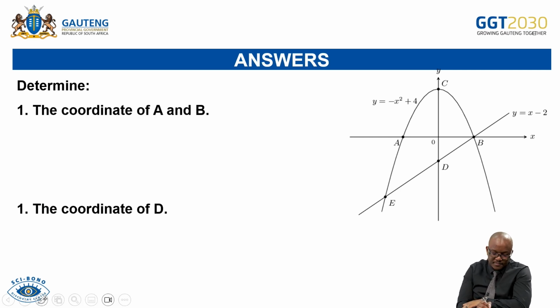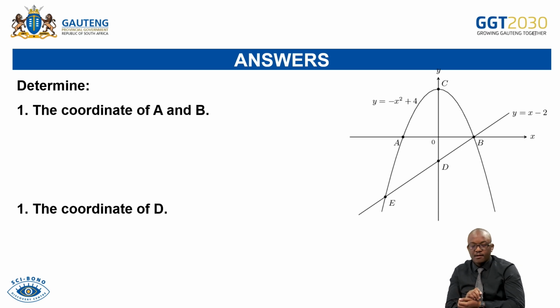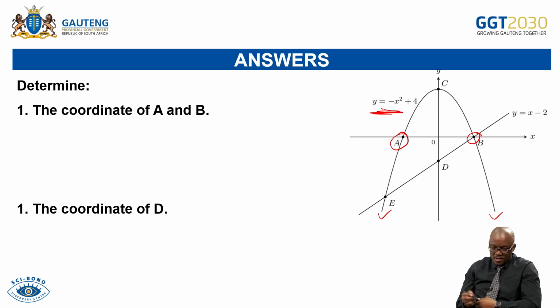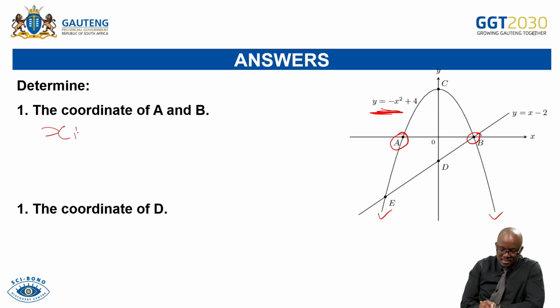The first one is simple. They just want us to calculate the coordinates of A and B on your parabola, which is this graph here. A and B are on the x-axis, which is the x-intercept. Basically, we're going to say x-intercept, y is equal to 0.